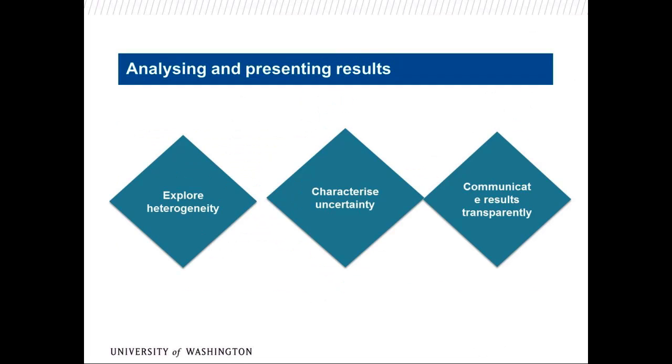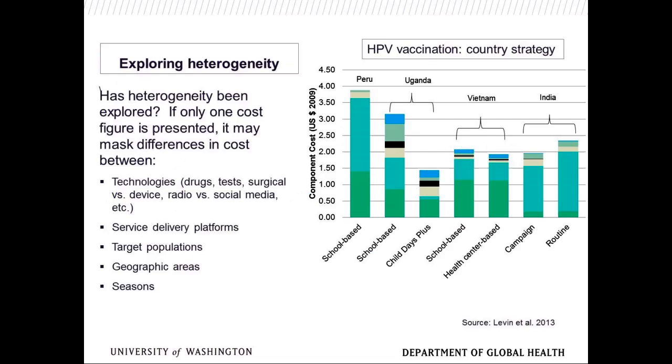So then in the analysis, again, I'm not going to dwell on this, but the reference case provides guidance to explore heterogeneity, and I'll tell you what I mean by that, to characterize uncertainty, and to communicate the results transparently. And perhaps if people just do this, we've done our job. So has the heterogeneity been explored?